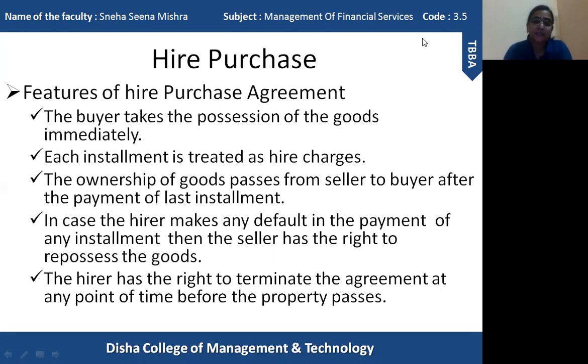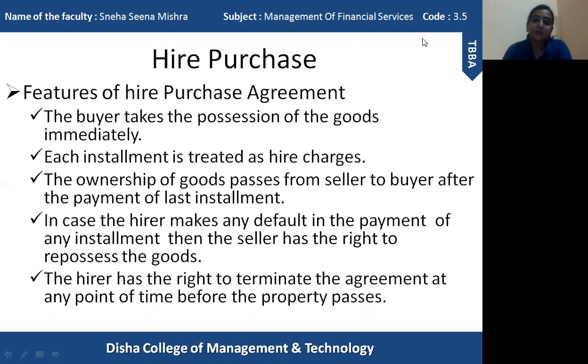The second one says that each installment is treated as hire charges. Now each installment is treated as a certain kind of charge. See, the seller is giving you the permission to use the product without paying the entire amount of money.